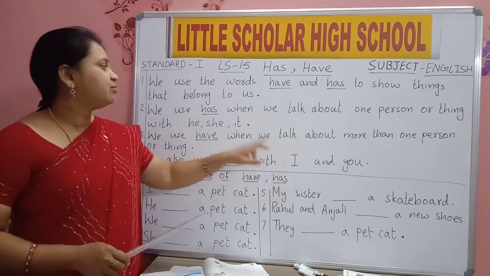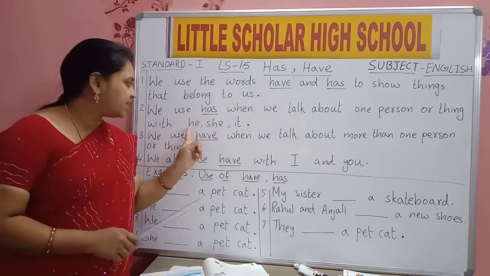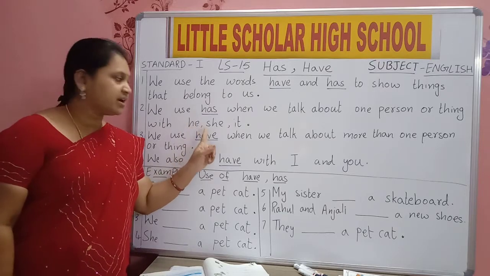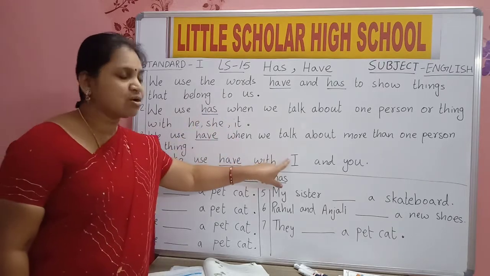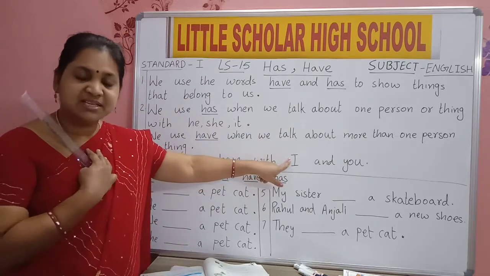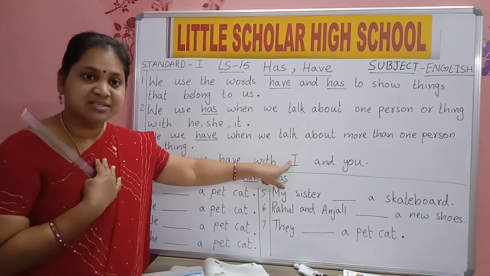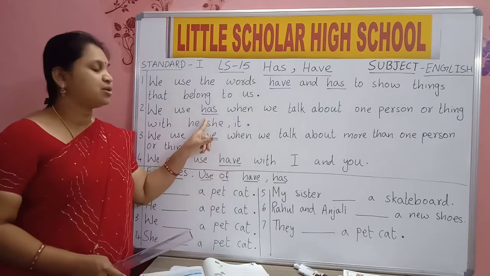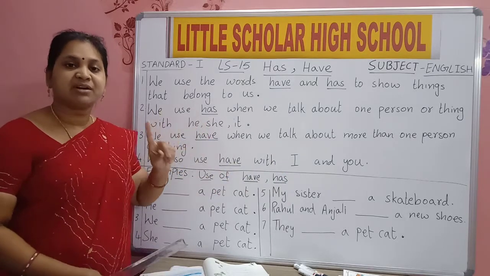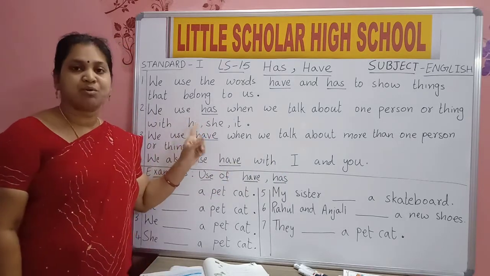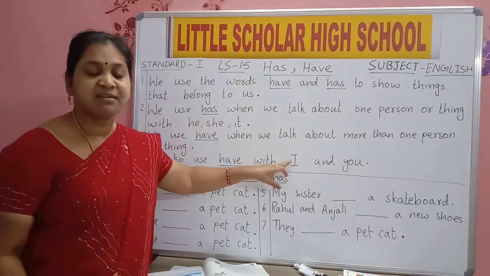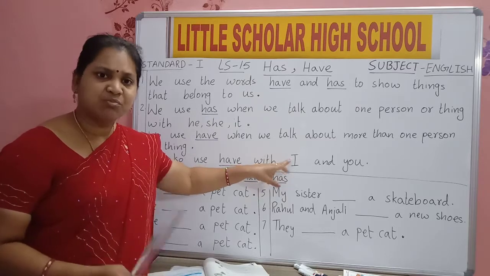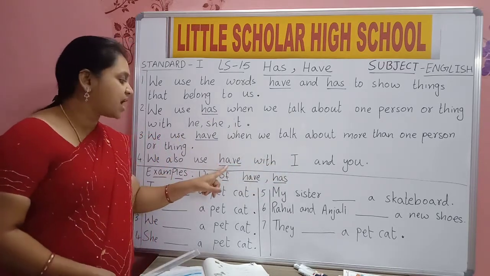When we are talking about one girl, one boy or one thing, we will use has. But when we are talking about ourselves, I means one only, no? But we should use have only.